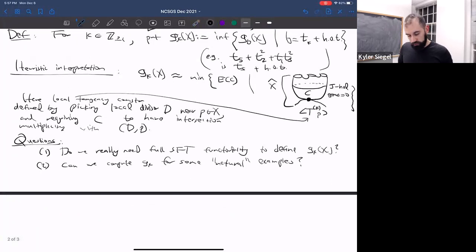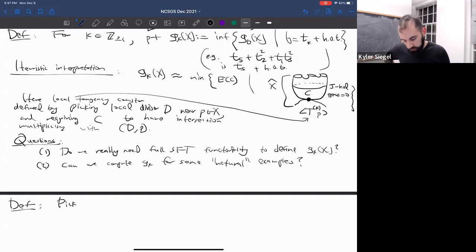So now let me make the definition of this ersatz capacity, GK tilde. And again, I would say this definition is surprisingly simple. It could have almost been made by Gromov 20 years ago, maybe modulo the SFT compactness theorem.